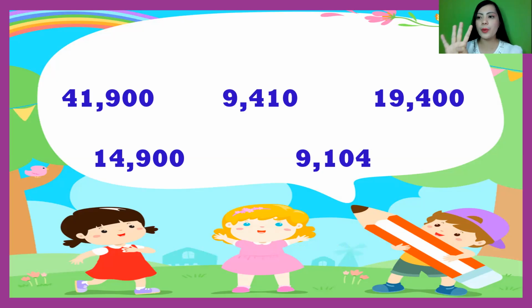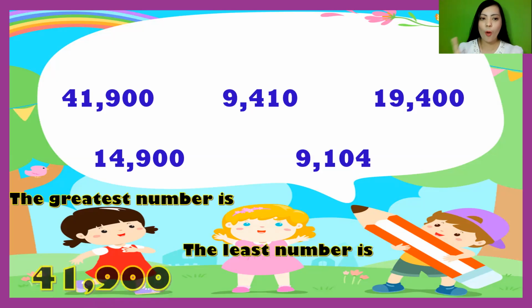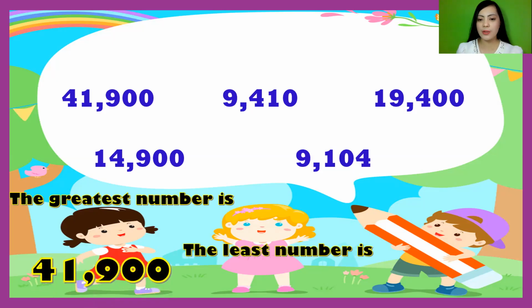So look at the numbers properly. The greatest number there is 41,900. The least number is 9,104.